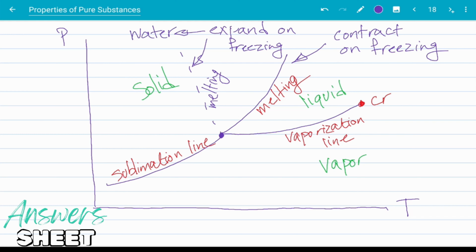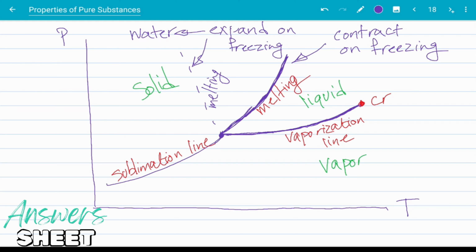So it shows that at different pressures and temperatures, we can have different forms of a substance. On a vaporization line, with the right pressure and temperature combination, we can have a mixture of both liquid and vapor forms, right? With the right combination of temperature and pressure, we can have both phases of solid and liquid at the same time.